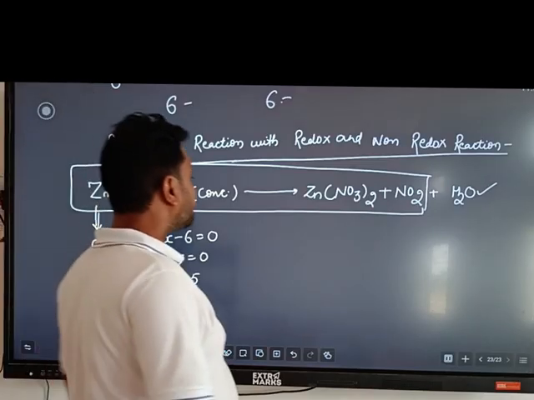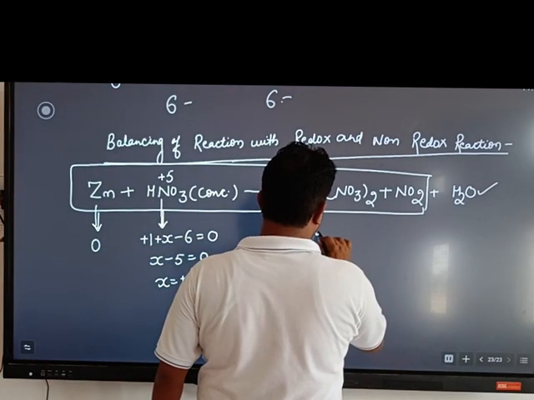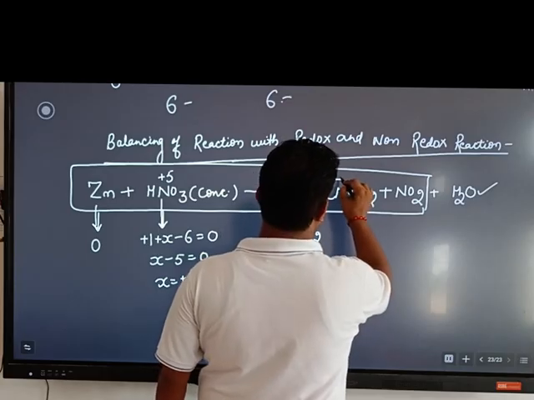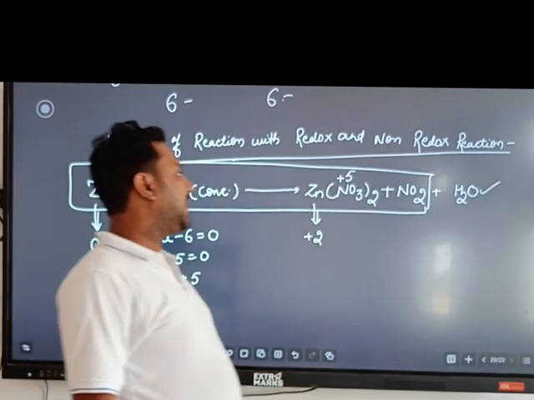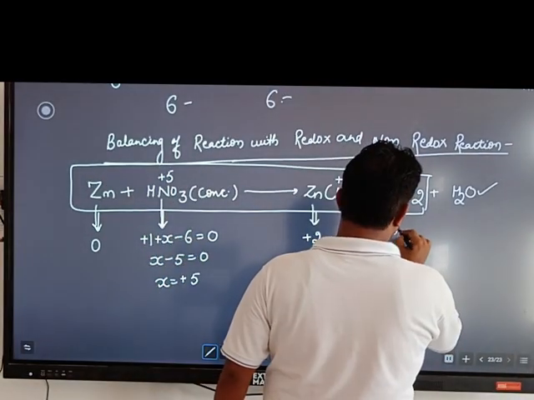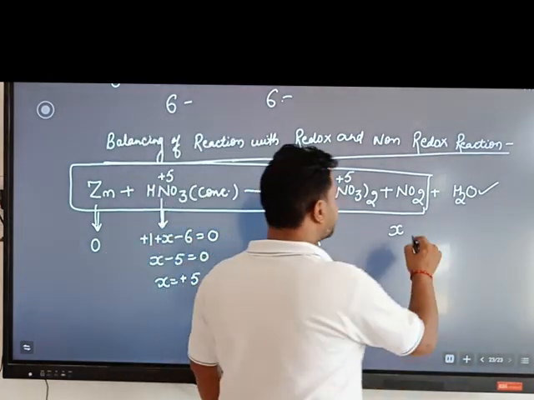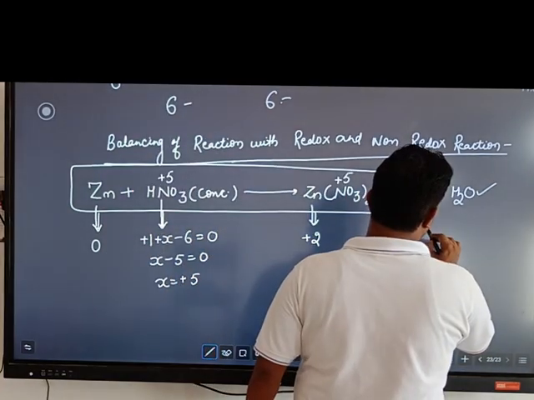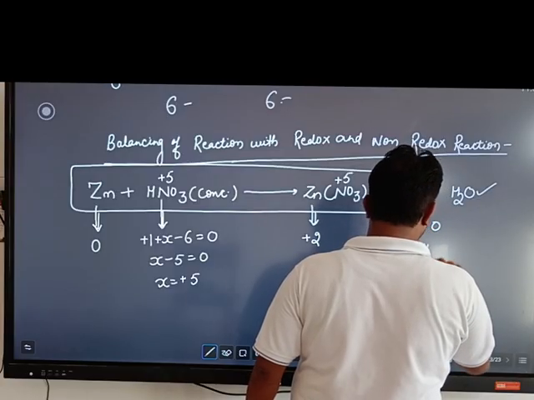Then after, in zinc nitrate, nitrogen having the oxidation number of +5 in nitrate, and in nitrogen dioxide, oxidation number of nitrogen is X. For 2 oxygen atoms it is -4 and equals to total charge, so X equals to 4.